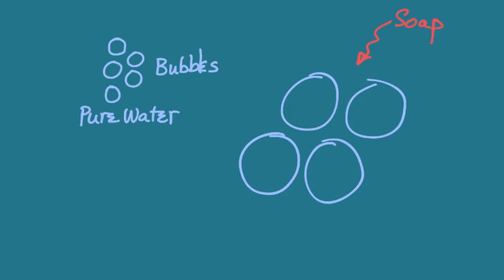And these large bubbles are basically water plus soap. What soap does is that it gets in between the water molecules and creates a larger bubble and a longer lasting bubble. Because the water molecules are separated from each other, they can actually enter the fibers of your garments and actually clean them, which is why we use soap.